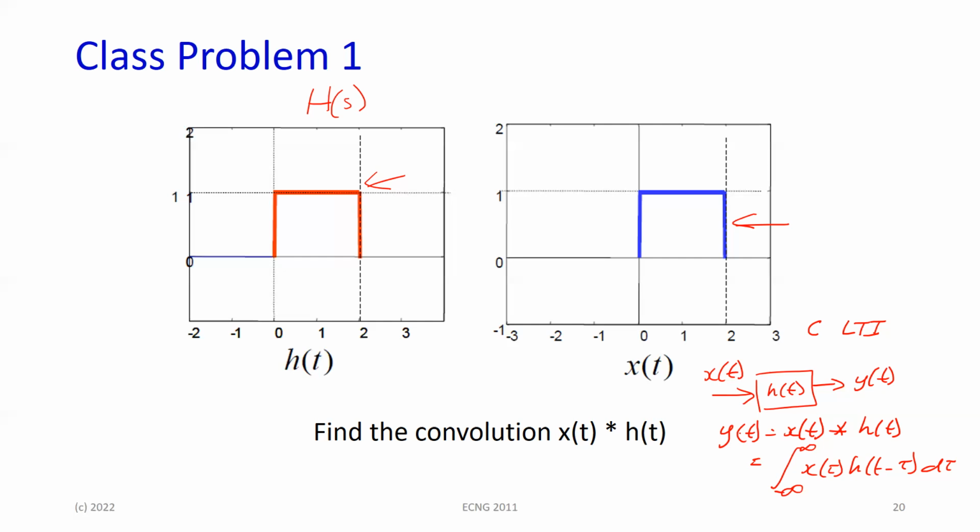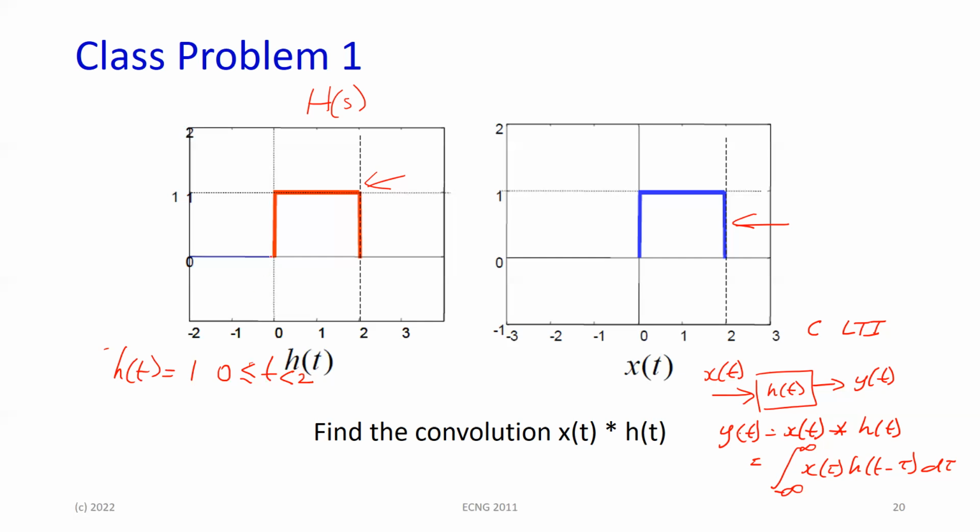If you watch h(t) from here, you notice that h(t) is equal to 1 once t is less than 2 and greater than or equal to 0, right? It changes at 0. So we are assuming that the change occurs at 0.